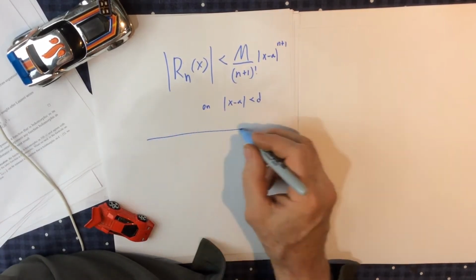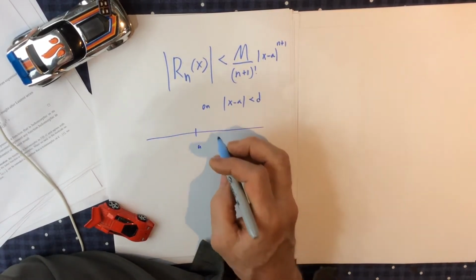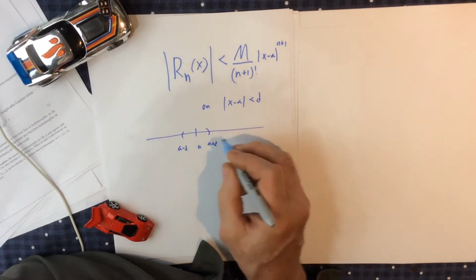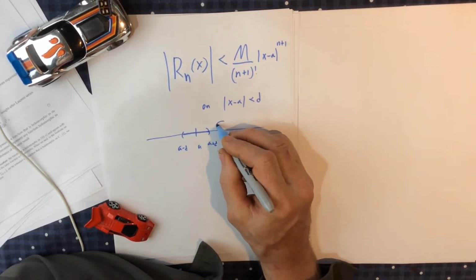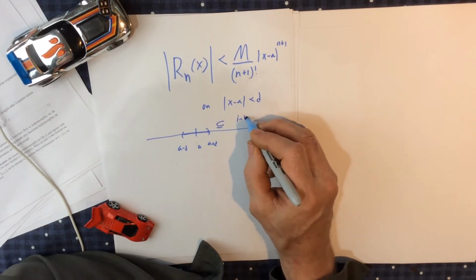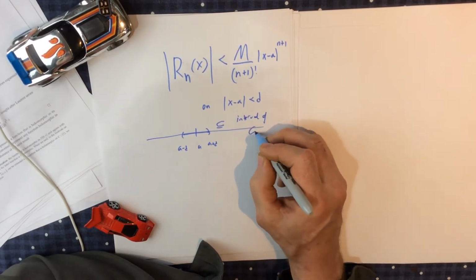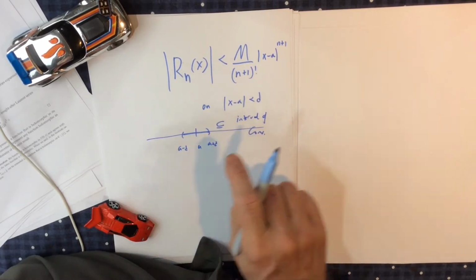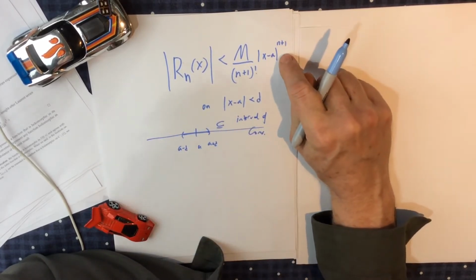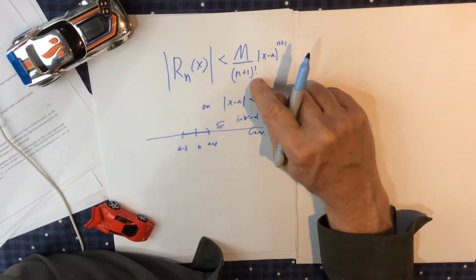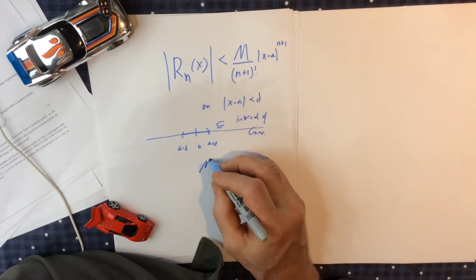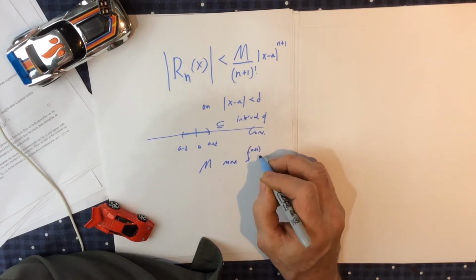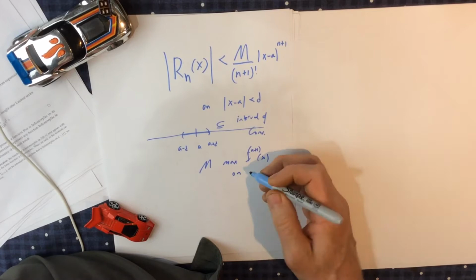Your series is centered at a, so you've got a minus d up to a plus d. If you have some interval, and this is contained inside the interval of convergence, then how good is it on this interval? Well, it's the largest value of that power divided by the n plus 1 factorial, and M is the max of the n plus 1 derivative on that interval.